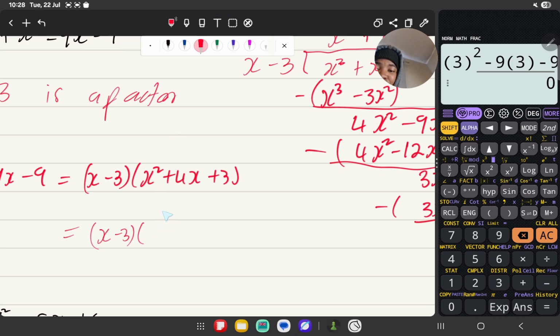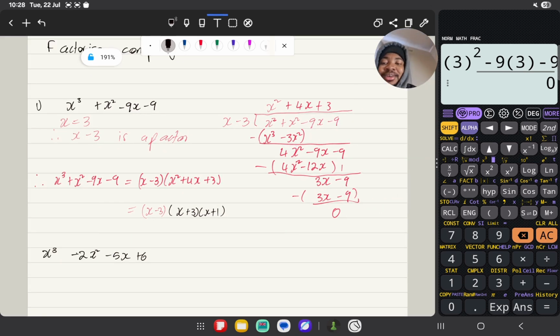We know the answer for this one is going to be, let me write it with black pen, x plus 3 times x plus 1, right? That is beautiful. Yes, so we are done.